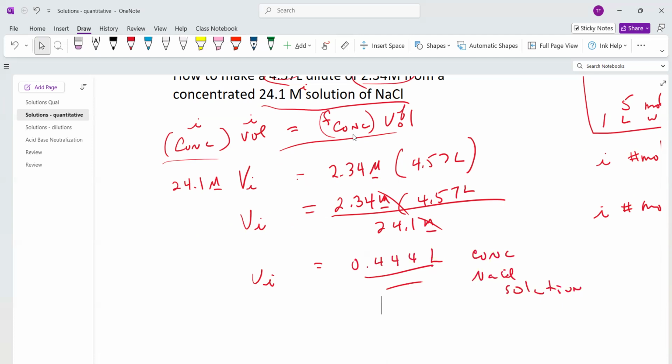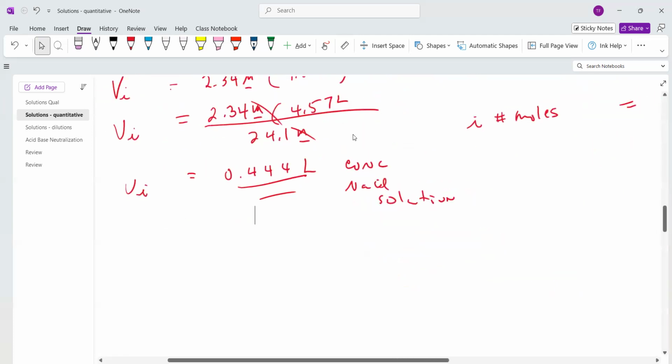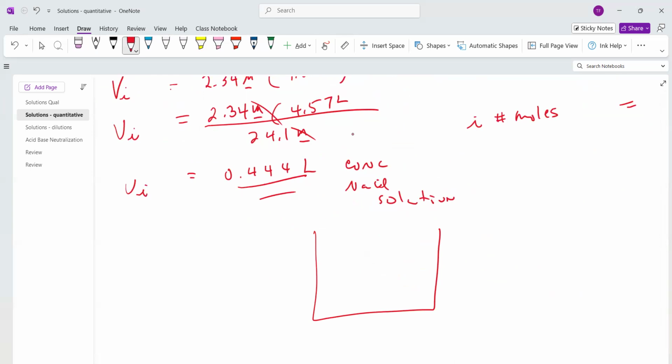So what we're going to do now is put in... how much water are we going to add? Exactly.